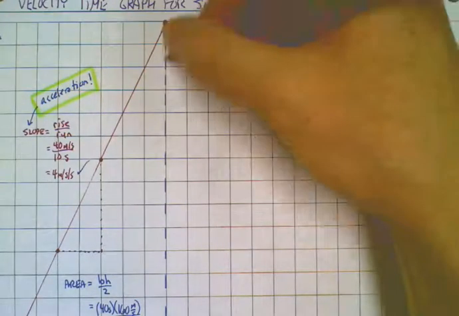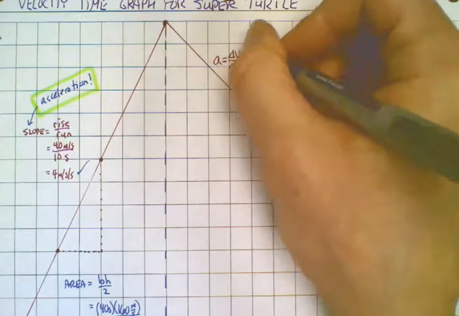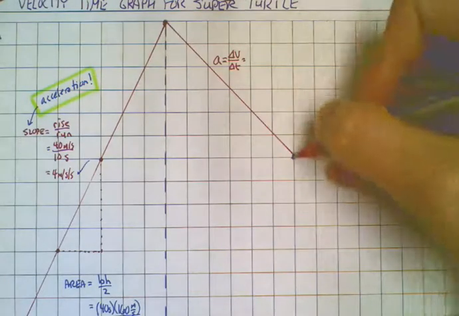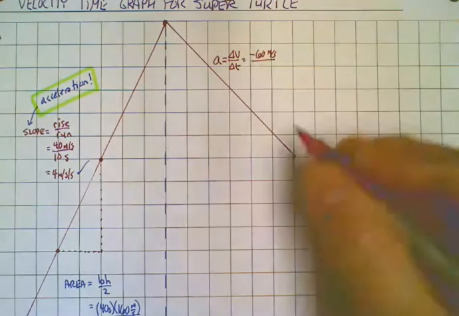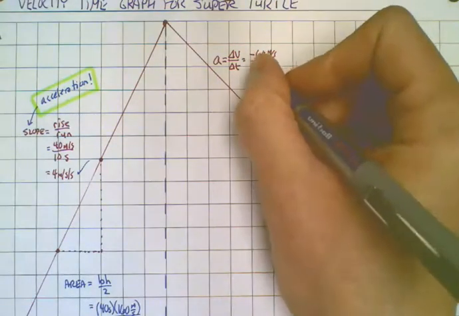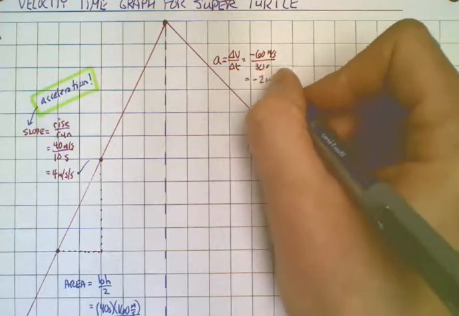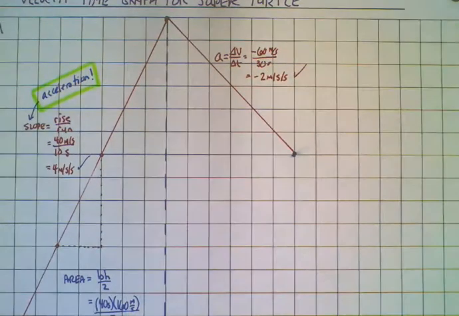So our delta V over delta T, the rise over the run. Well, the rise is, we've dropped 60, so it's minus 60 meters per second, and the time interval was 30 seconds, which gives us negative 2 meters per second, which matches exactly what we had before.